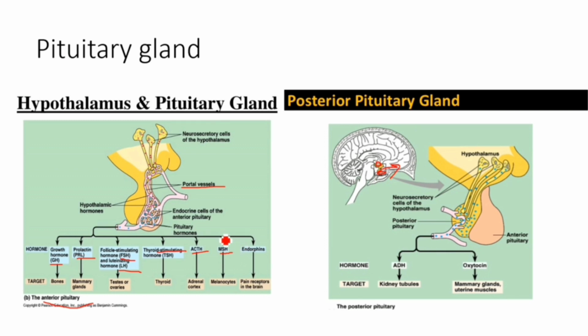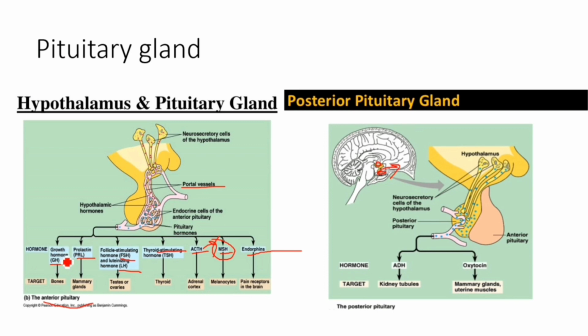Basically, MSH is secreted by the intermediate lobe of the pituitary. But in humans, the intermediate lobe is fused with the anterior pituitary, so it is thought that MSH is secreted with ACTH. The other hormone is endorphin.